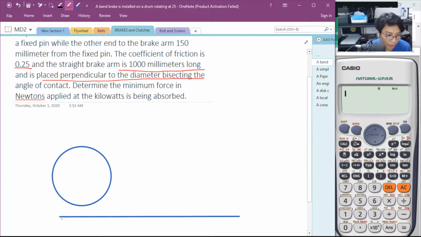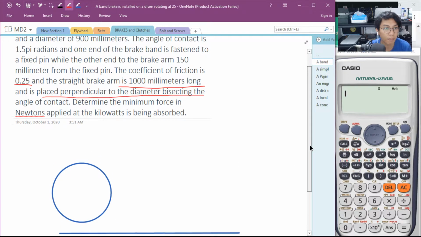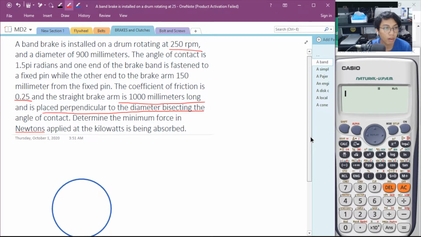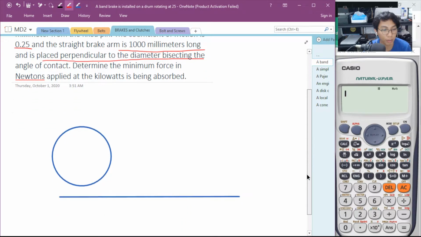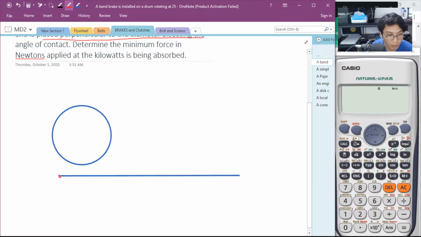So, I have here one end fastened to a fixed pin. So, ito yung fixed pin mo. And this one is 150 millimeters. And ito yung gitna ng iyong drum brake.